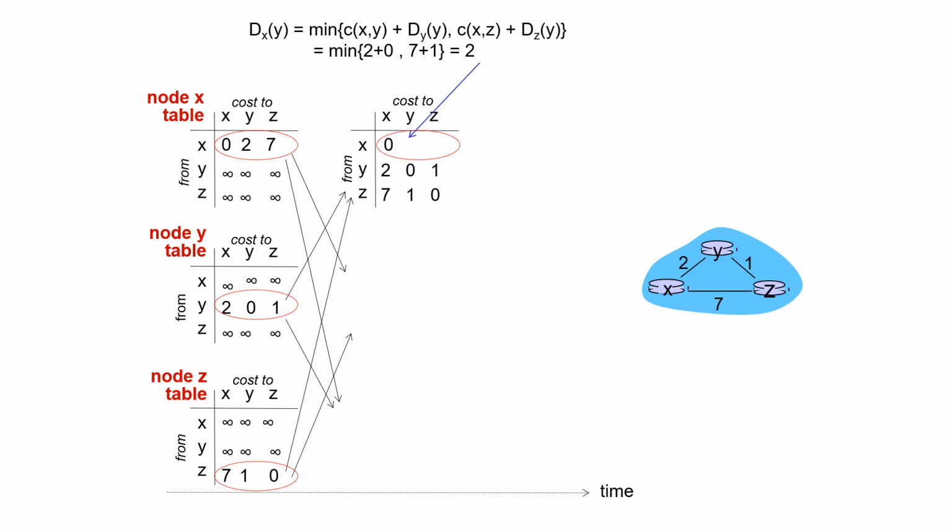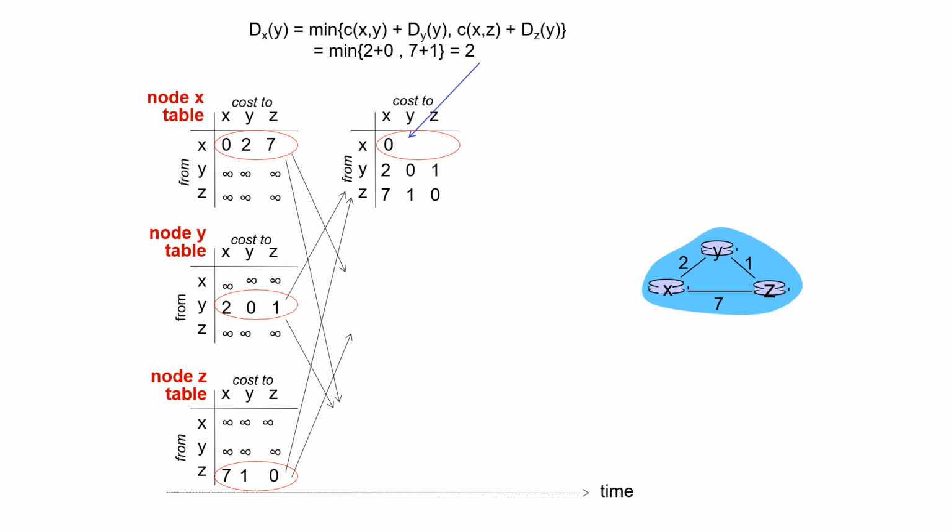Then Y to X, Y to Y, Y to Z, all are infinity because it is the initial table value. The table at node X will know the information of X only.